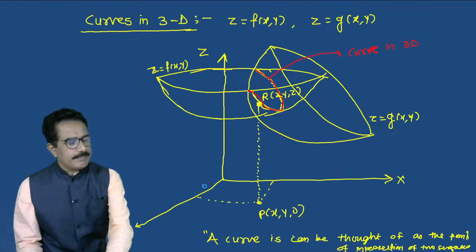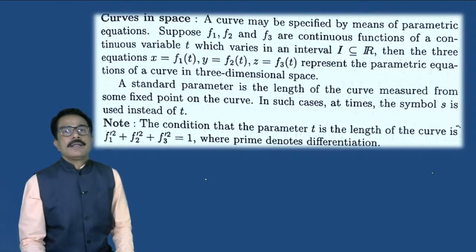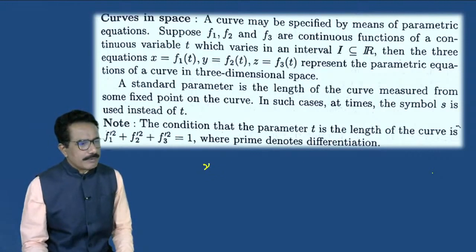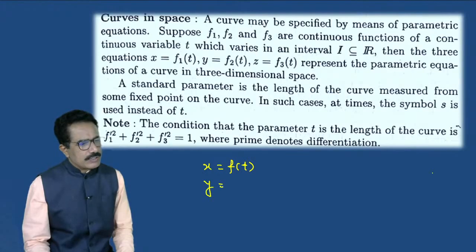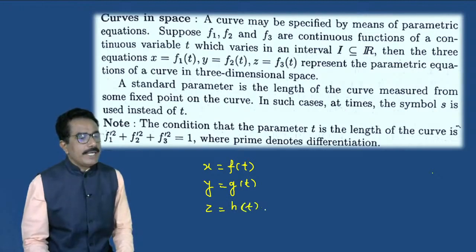We can write, suppose x is equal to f of t, y is equal to g of t, z is equal to h of t, where t is the parameter.